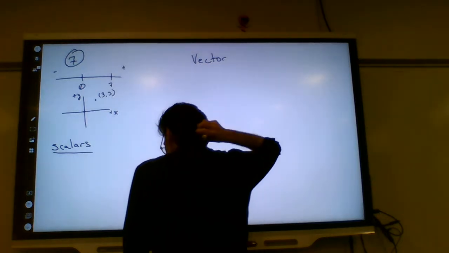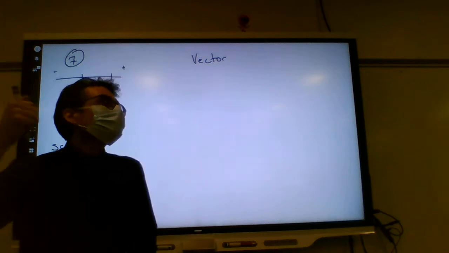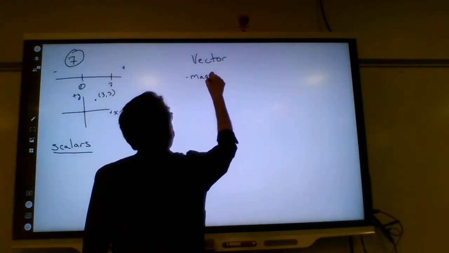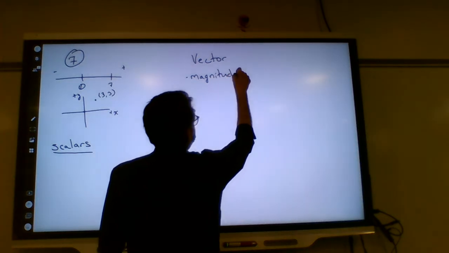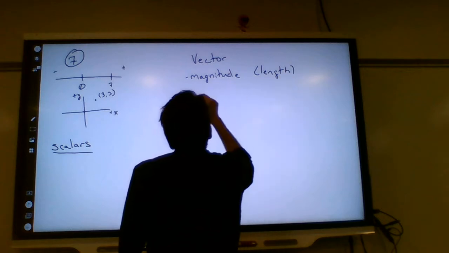So vectors have associated with them 2 components, a magnitude, or a length, and a direction.